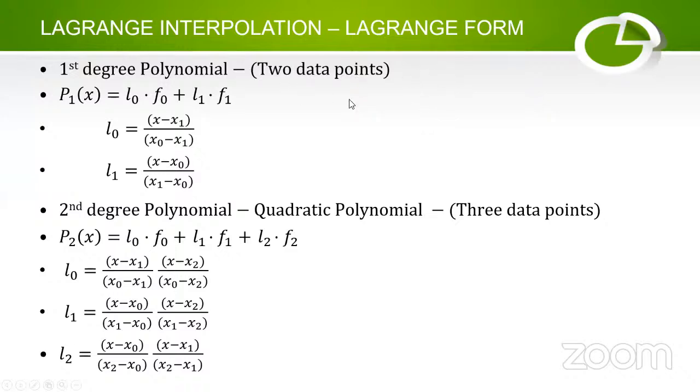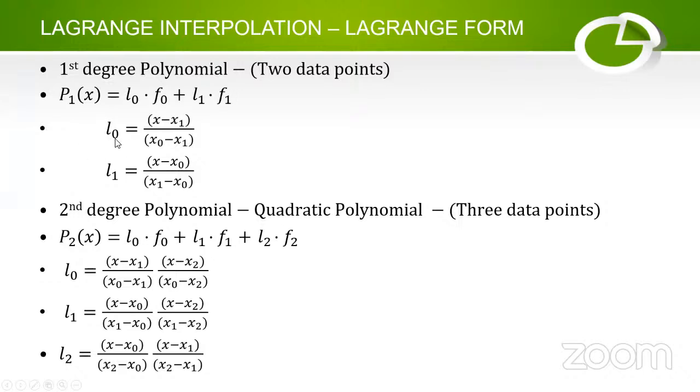Looking at our formula here, the two data points are represented by L0 F0 plus L1 F1. You remember our general formula was L0 F0 plus L1 F1 all the way to Ln Fn. Because we have two data points, we are stopping at L1 F1.